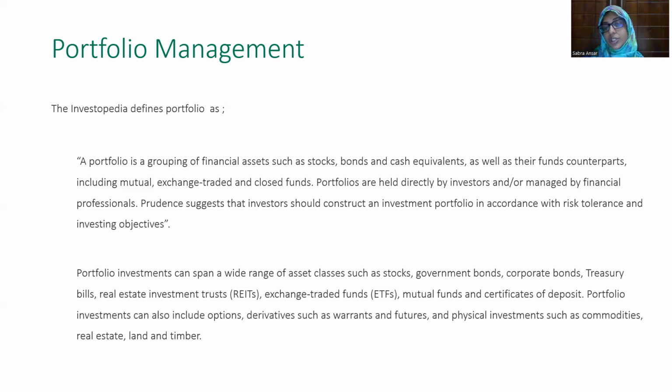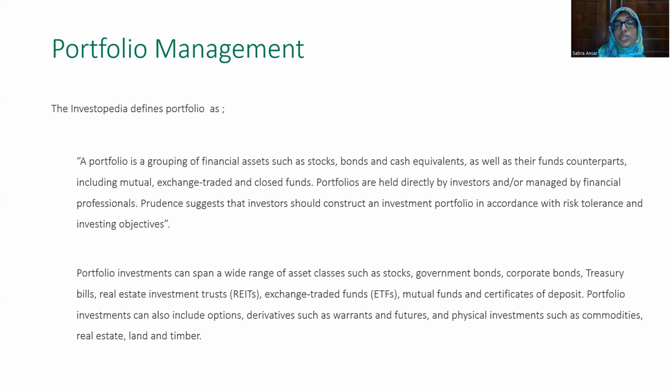So derivatives would include things such as options, and also things such as warrants or even futures. When it comes to physical investments, like commodities, real estate, land, and even timber, these are also used in a portfolio.